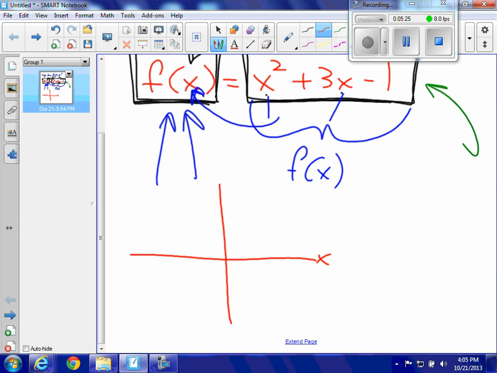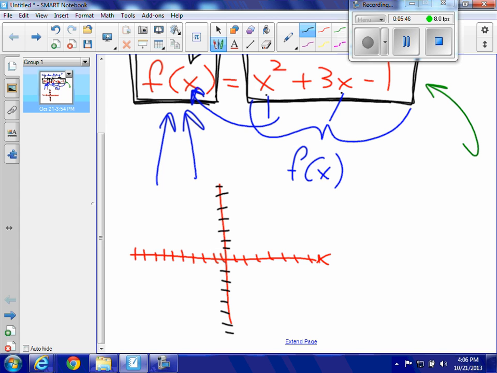So all of our x's that we're going to evaluate our f of x's with are along this axis. And after we evaluate it for x, whatever that number is, I'll plot that number also on a y-axis.